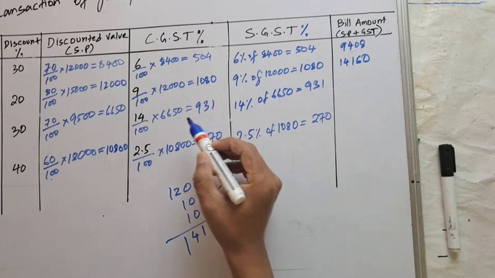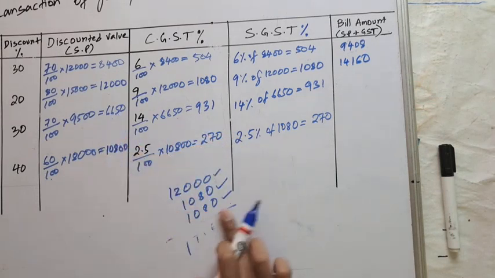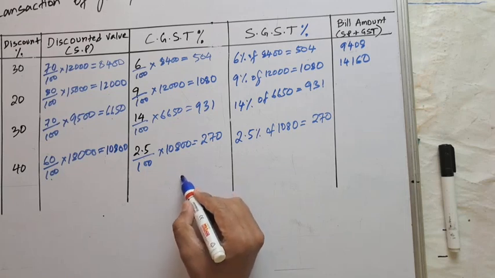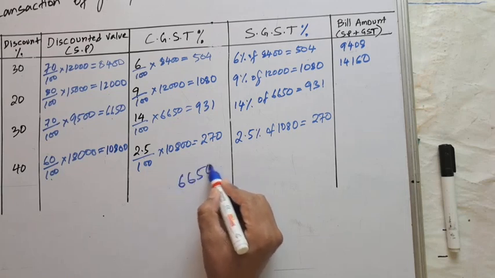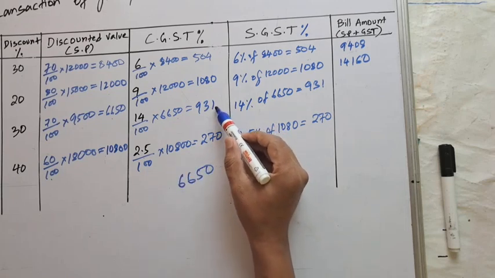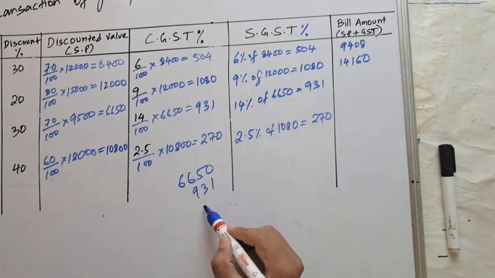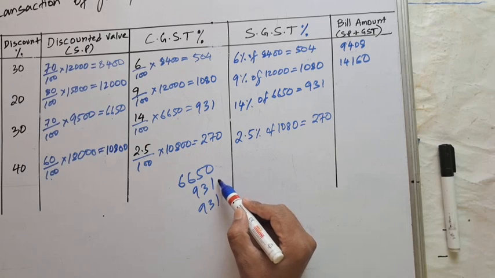Now again, 6650, third case. 6650 is the selling price. Taxes 931 and 931. So 931, again 931. CGST and SGST.